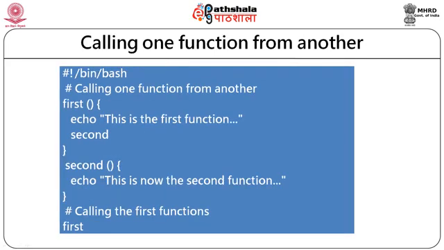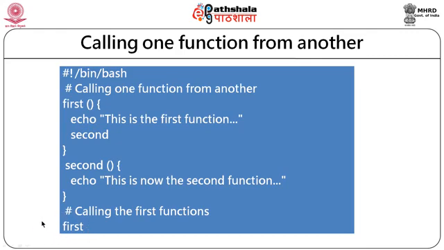Shell scripts does support nesting of function or calling one function from another one. Let us see an example. Here there are two functions, one is first, the another is second. You can see first function displays this is the first function within which I am invoking the second function. So, when I execute the program, I will simply execute the first function.